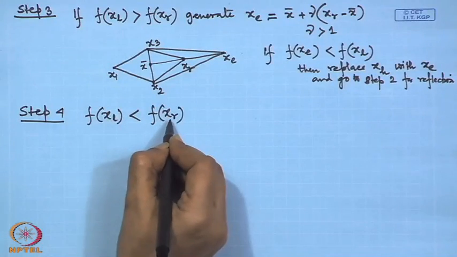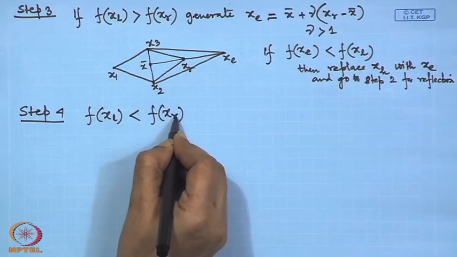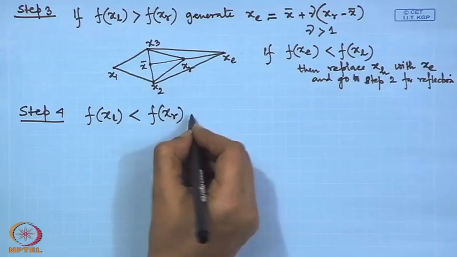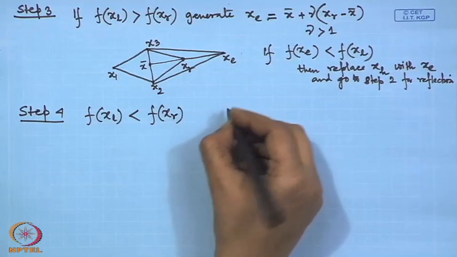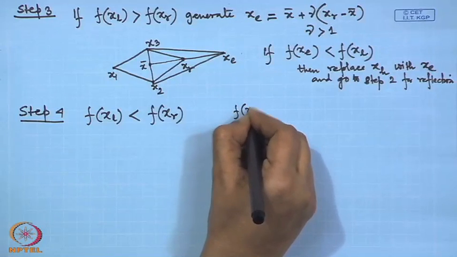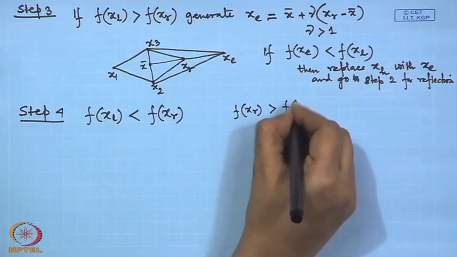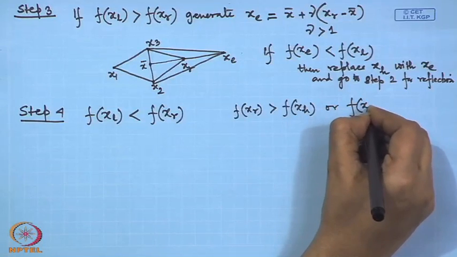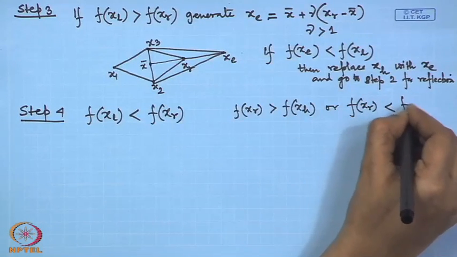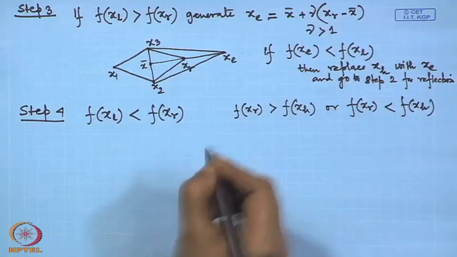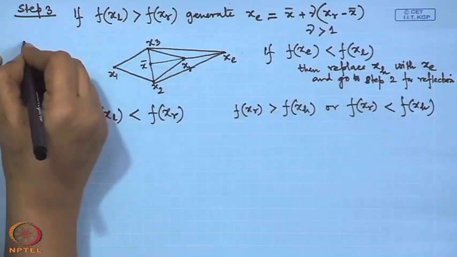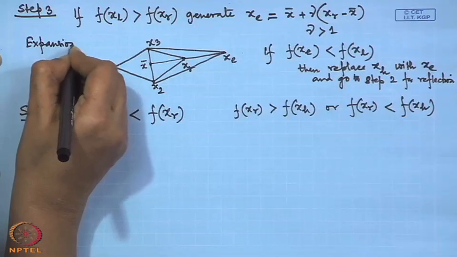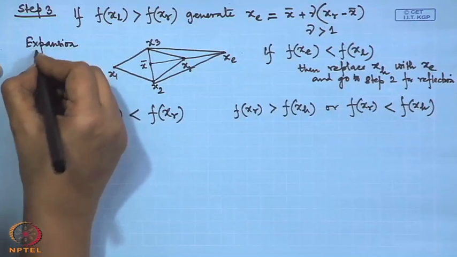That means fxR is having the value greater than fxL, but fxR can be greater than fxH, or it could even be lesser than fxH, because we are doing the contraction process. With the example we can see it very nicely.